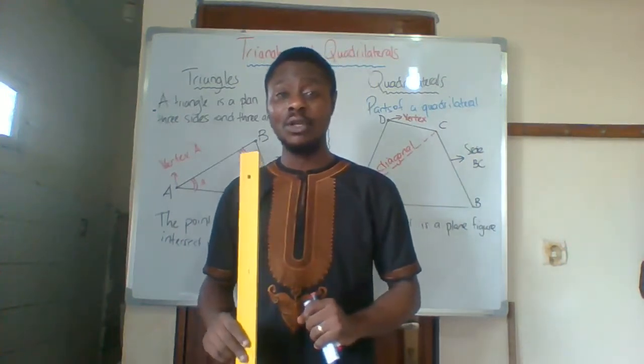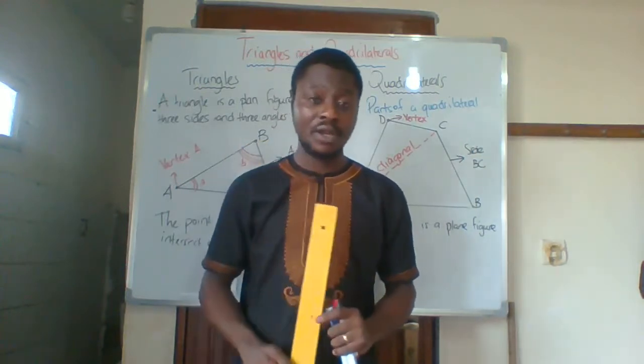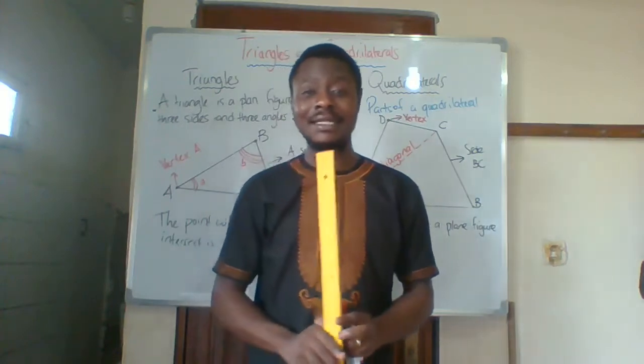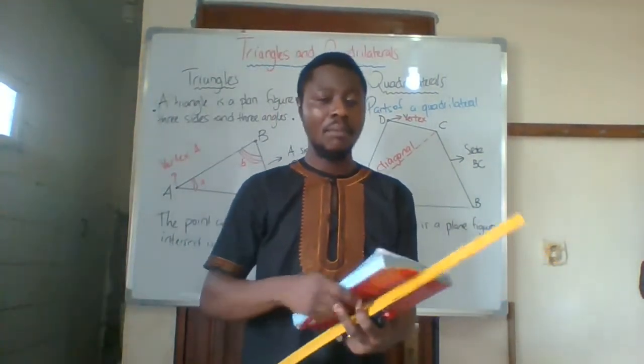And yesterday we learned about how to calculate the area and the perimeter of a rectangle. We saw that the perimeter of a rectangle is the distance around the rectangle, like the distance around my book.